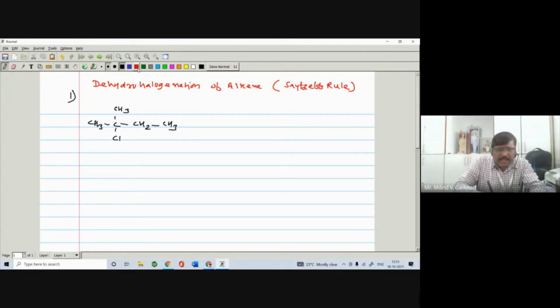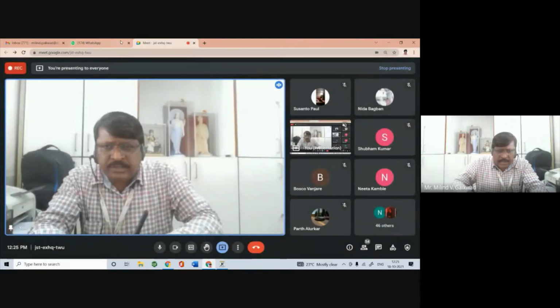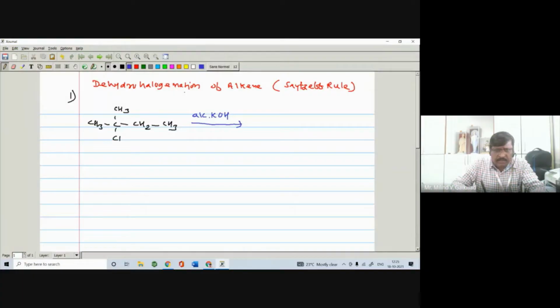When such a type of alkyl halide is treated with alcoholic KOH, in the morning we have seen that there is a removal of halogen and hydrogen.